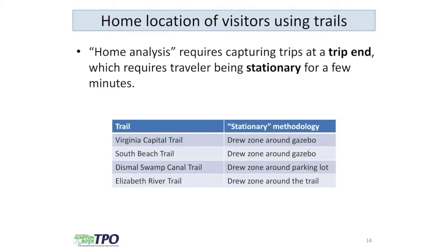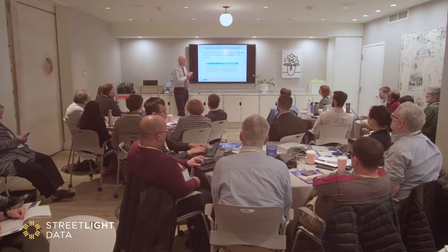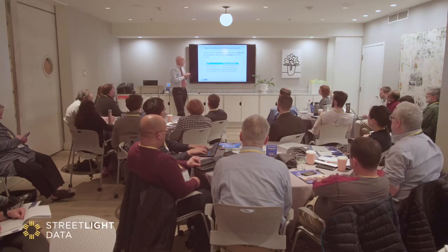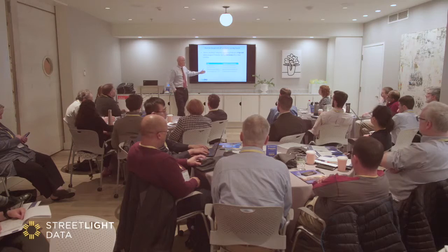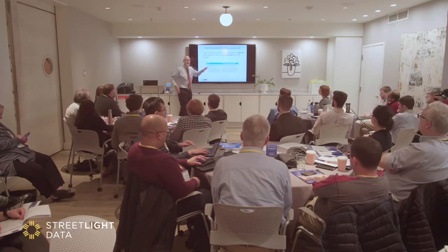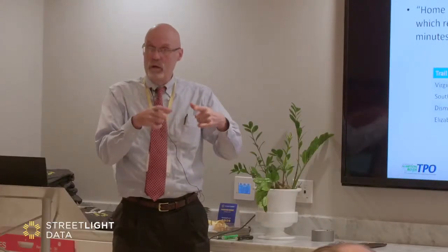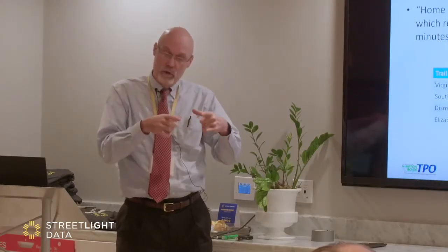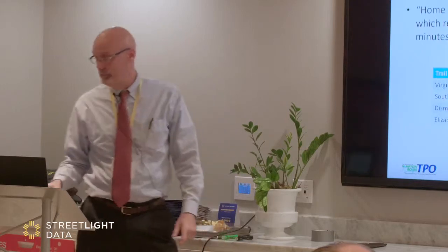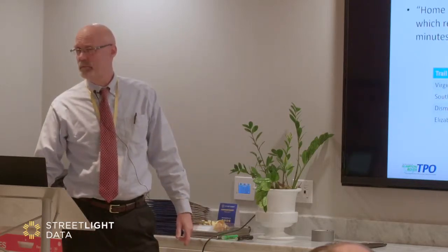Whereas before I wanted my ends to be way out here, now I want to find the end of the trip, because that's where StreetLight will record the home location for me. So I did 4 different trails and I used 3 different methods to find locations where people were stationary long enough for the trip to end or start, and then I can find their home. Is everybody with me on that?